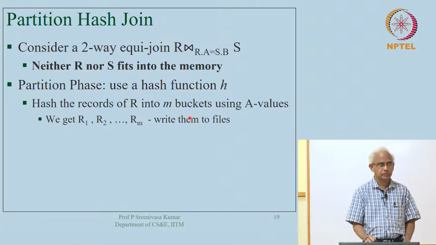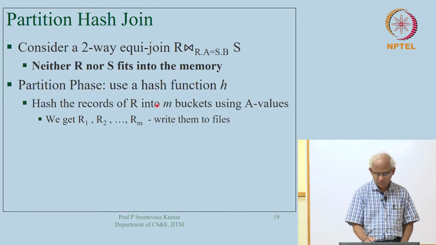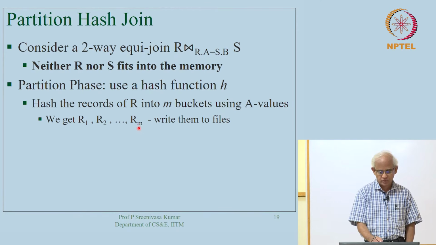Okay. Is that clear? So, what we did is to use a hash function on the A values and partition the records of R into m files. Let us assume that the hash function produces m buckets. So, we are now going to get m sub files.